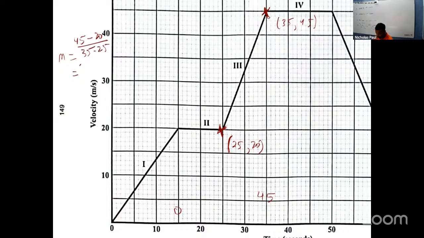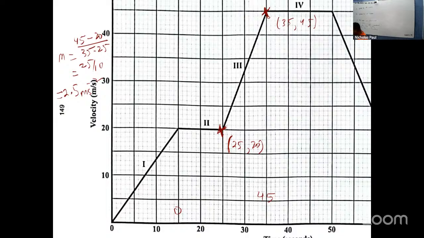Right, so that is 25 over 10, 2.5. Anybody get that? 2.5? What's the SI unit again? Meters per second squared. Okay, so that is the gradient formula.